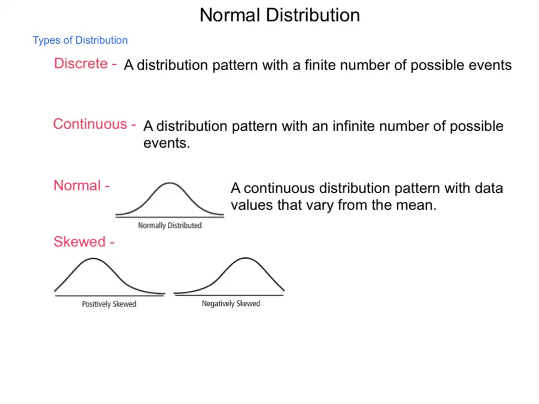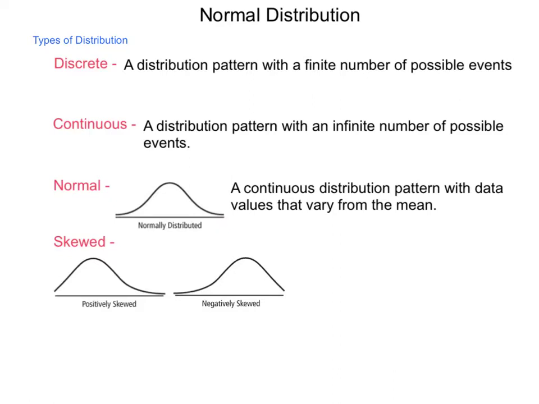Now, normally distributed items are like what are shown in this graph here. They have the mean value in the center of the graph and then items uniformly distributed to either side. Now, not all methods will be like this. There are also what are called skewed normal distribution patterns.